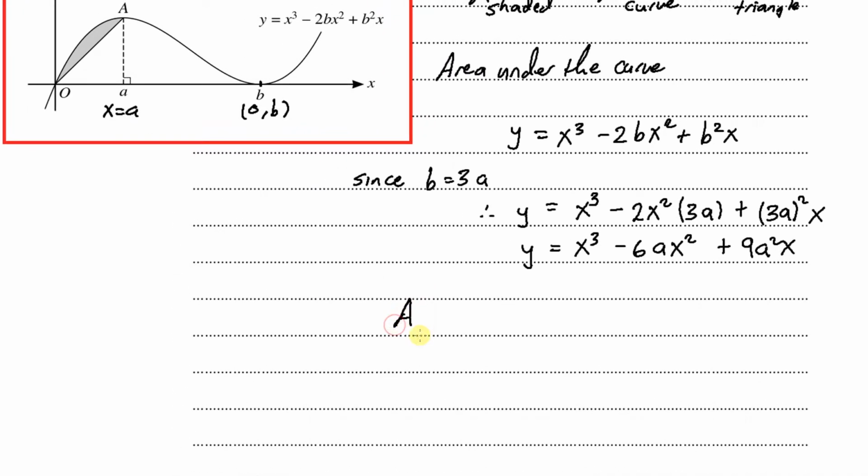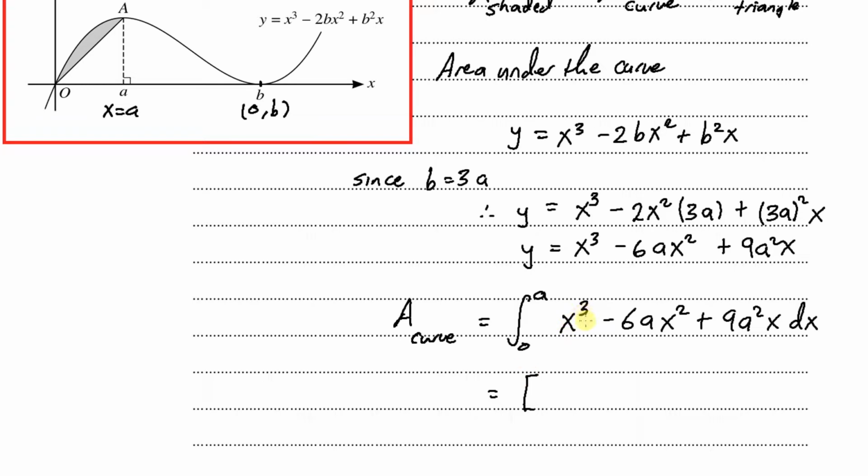So the area under the curve will be the integral from the lower limit, that's 0, to the upper limit, which is a, of x cubed minus 6a x squared plus 9a squared x, dx. Let's do the integration.